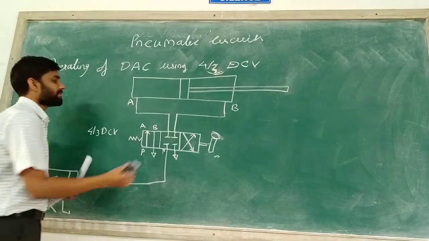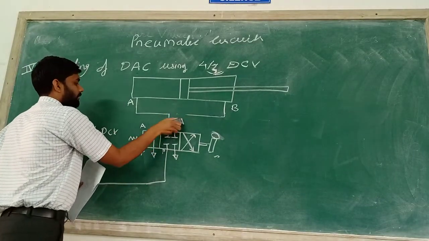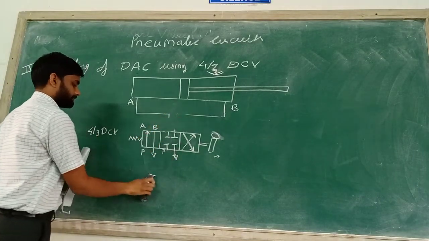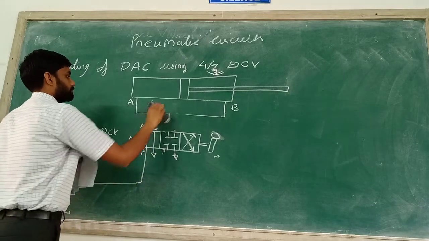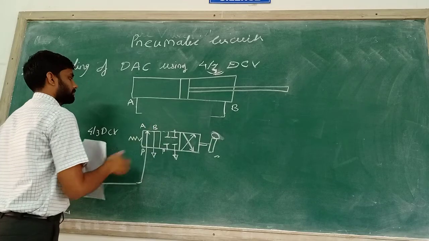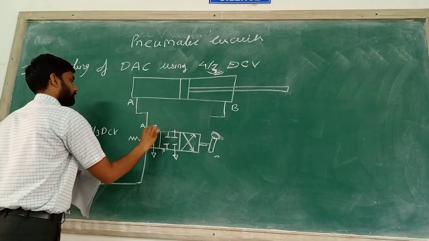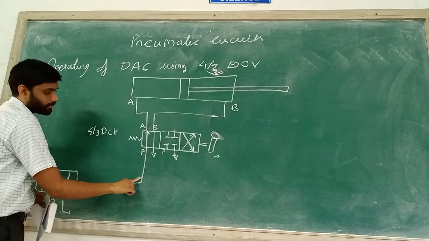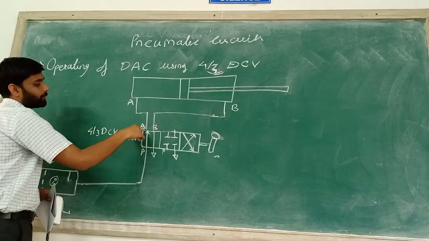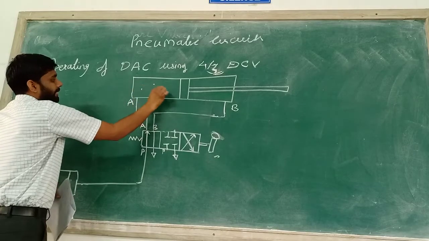Okay, so when we use this lever to change the position of the control valve and switch it to position 1 like this, at that time, what will happen? The air coming from this FRL is moving from port P to port A, and this air comes into that region.